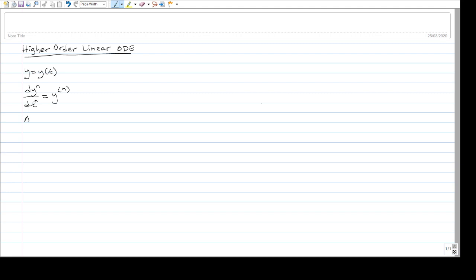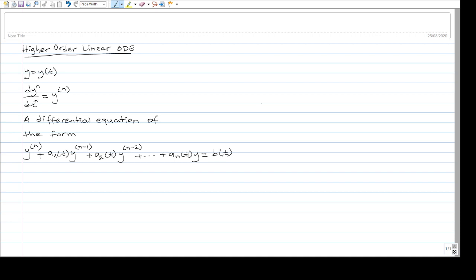Now, a differential equation of the form: we start with the highest order derivative of y, and we write our equation where the coefficient of this highest derivative is 1, and then plus some function, say a1 of t, times the n minus first derivative of y, plus another function a2 of t times the n minus second derivative of y, and we keep going this way until we reach the function y itself, and we set it equal to another function of t.